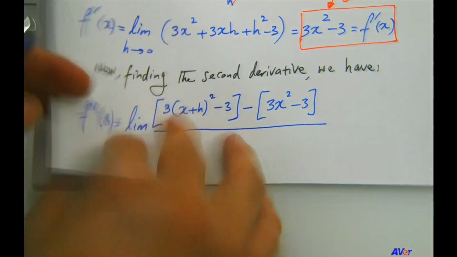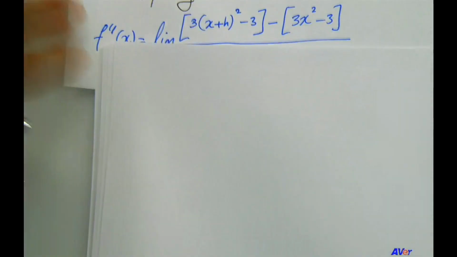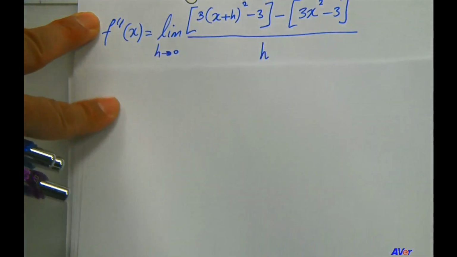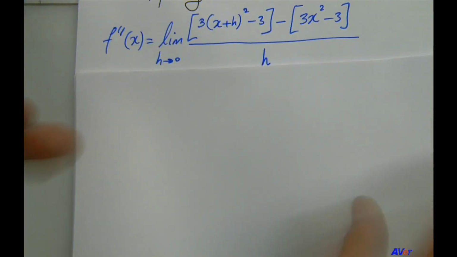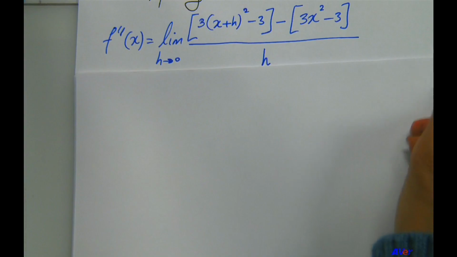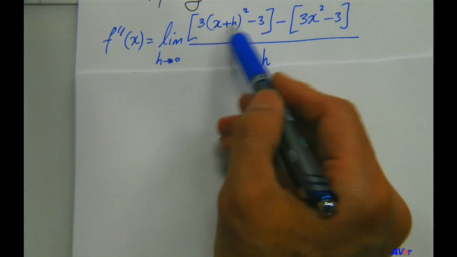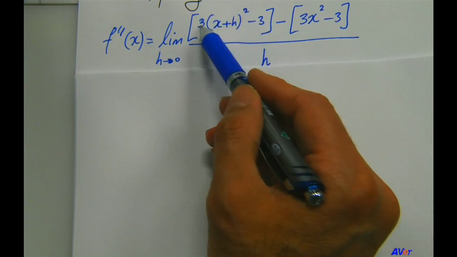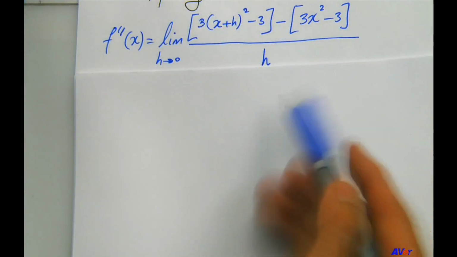Okay, so let's move to the next page. So now we're going to expand this to second power, then distribute the 3 into that to every term, and then combine the like terms and simplify things, right?